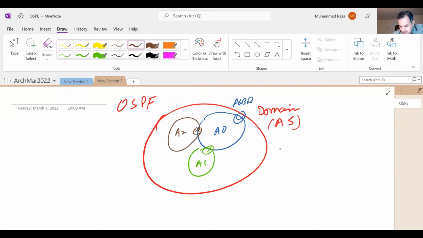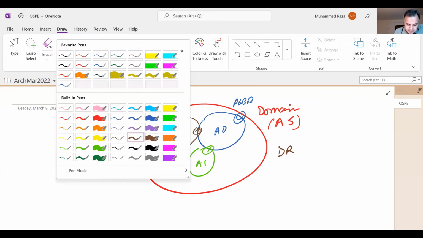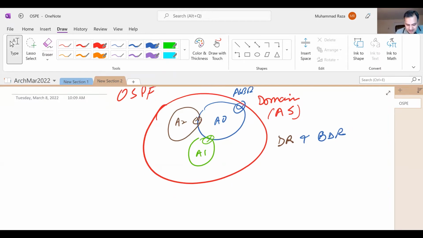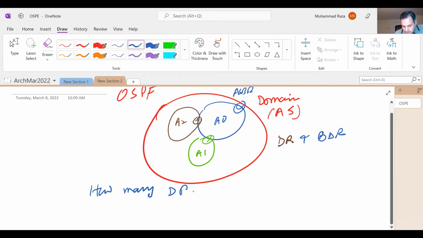One of the questions which is asked is about the designated router and backbone designated router, and usually they would ask, with different phrasing, how many DR and BDR are there in an area?